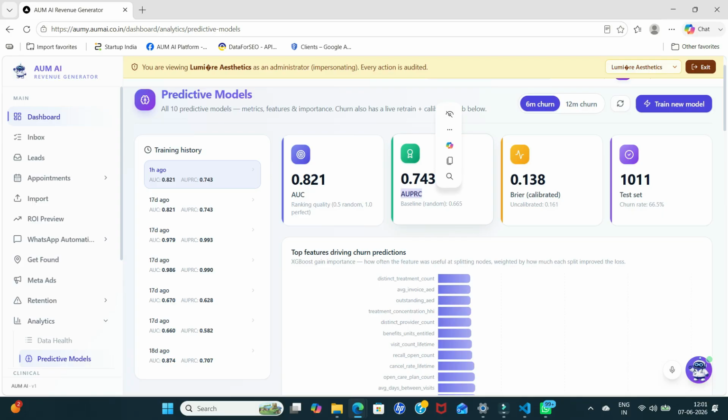which doesn't forgive that. It optimizes the trade-off between catching actual churners and not flooding the clinic with false alarms. So baseline AUPRC at this churn rate is around 0.67. We are at 0.743. AUC is 0.821. I'll be honest, if you see a clinical churn model at 0.97 AUC, be suspicious.